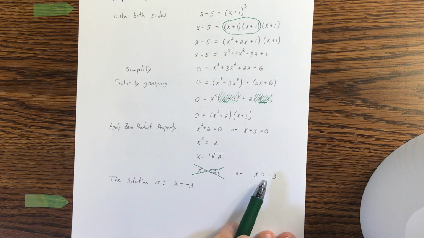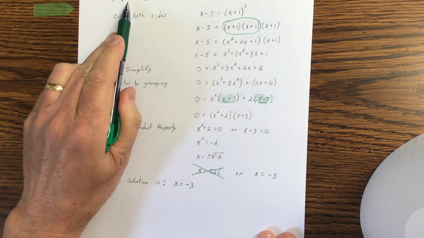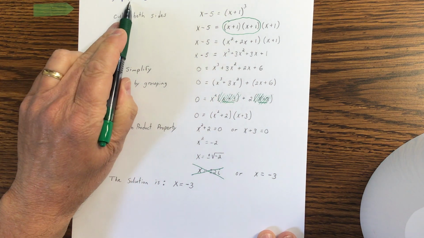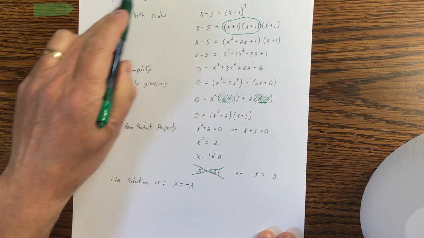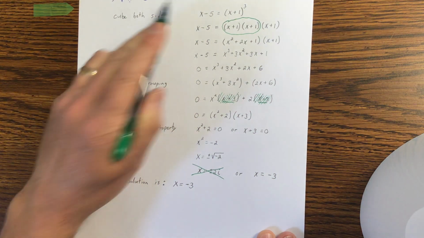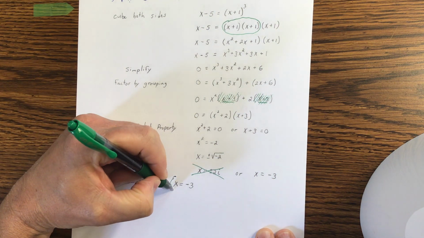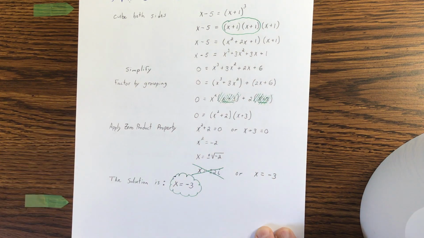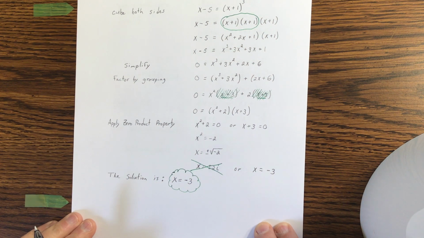So our only answer for this problem is x equals negative 3. Do a little bit of a mental check by letting x become negative 3, see if the left side does equal the right side, and this one does work. I'll let you check mentally, but that one does work.